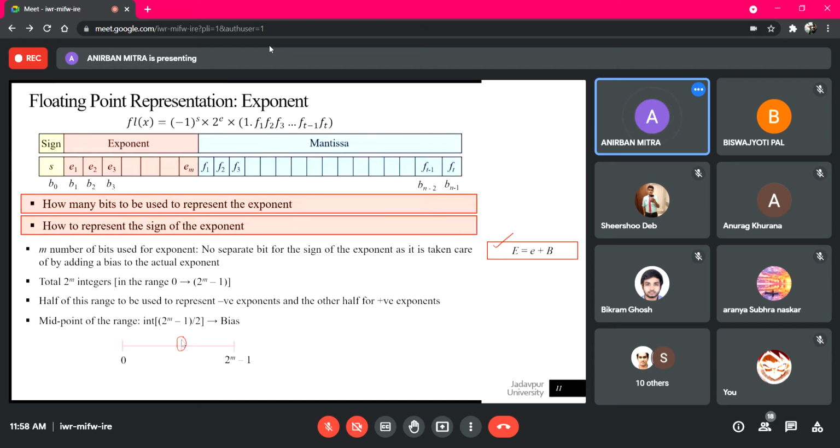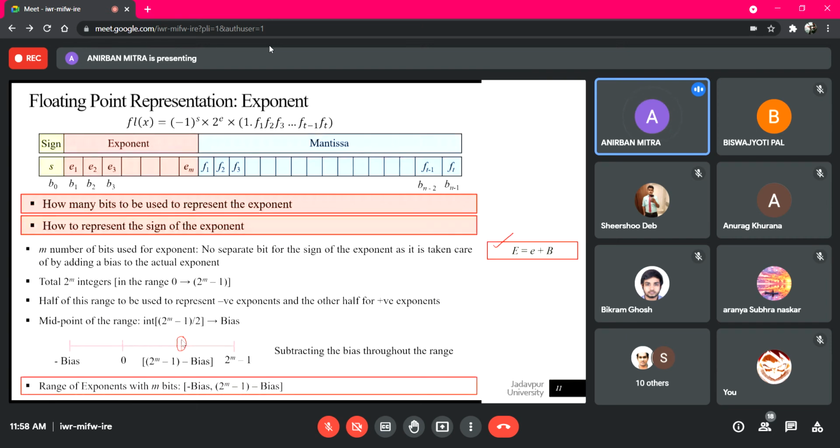That value, the integer of 2 to the power m minus 1, whole divided by 2, gives us the bias. What we will do is subtract this bias from this entire range. So obviously, 0 becomes minus bias because I have subtracted the bias from this 0. There is minus bias on one end, and on the other end, 2 to the power m minus 1 also has the bias subtracted from it.